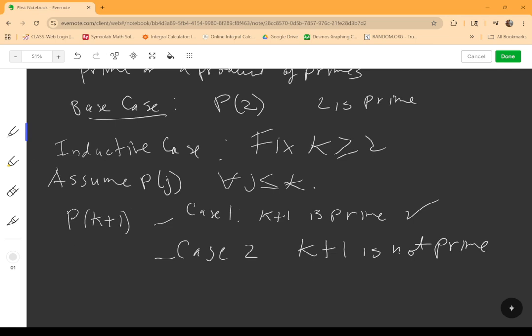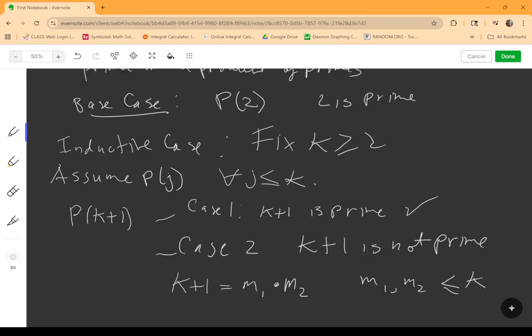Well, K plus 1 is greater than K. So if K plus 1 is not prime, it is a composite number, which means K plus 1 is equal to m1 times m2. And clearly both m1 and m2 have to be less than or equal to K.